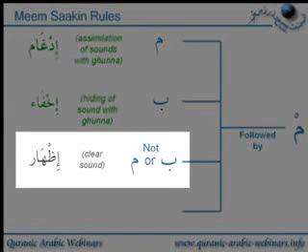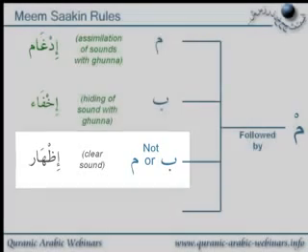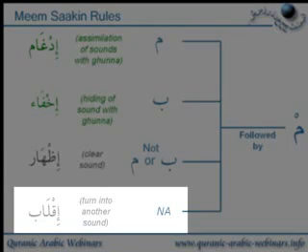If the Meem Saakin is not followed by either the Ba or the Meem, i.e. the previous 2 rules, then we do Izhar, which means to pronounce clearly, i.e. we're not going to do anything special, just read it as per normal. The last rule here we've put as not applicable, because this term called Iqlaab, which means changing the sound of one letter into another, does not apply to Meem Saakin.